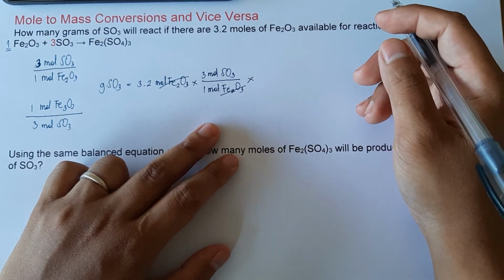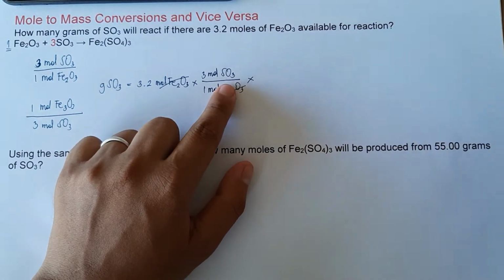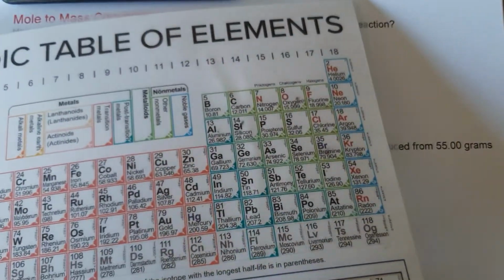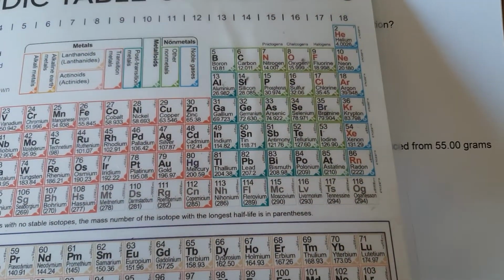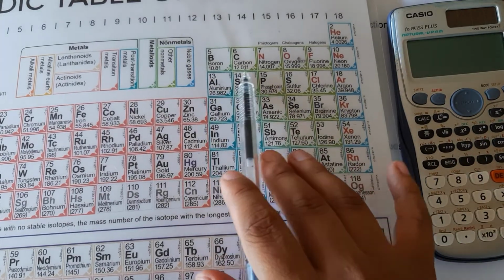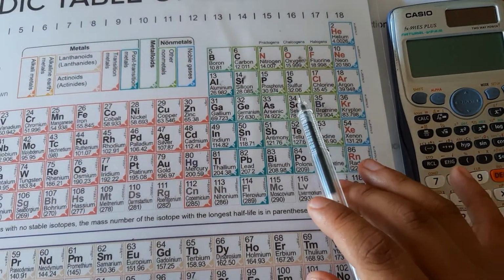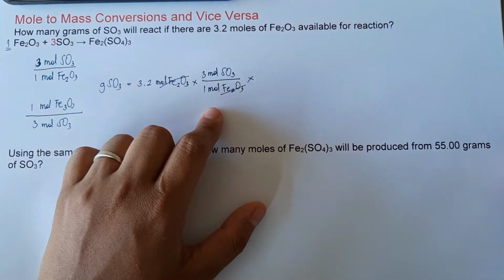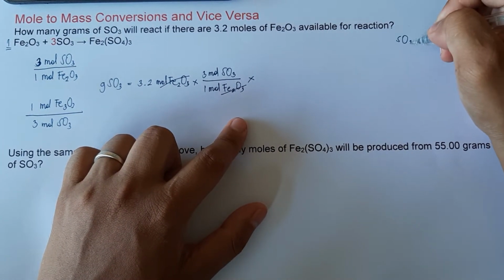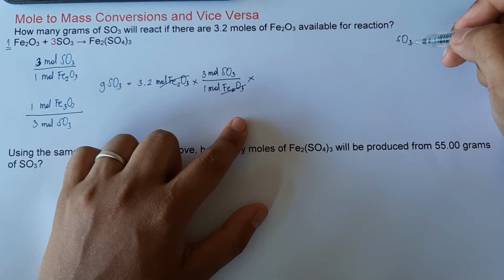And how are we going to solve for the molar mass? That sulfur trioxide, we need to look at the periodic table para sa value po ng sulfur at saka ng oxygen. So, for sulfur trioxide, we try to solve for the molar mass.